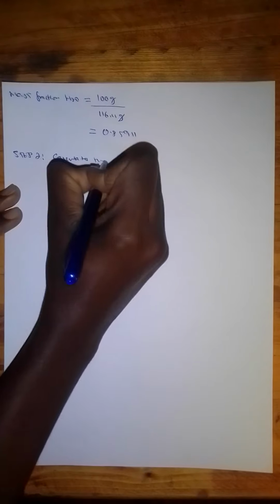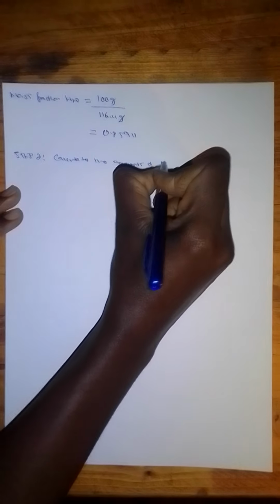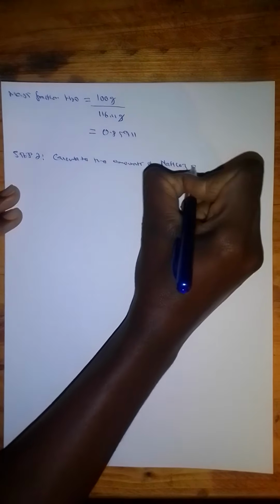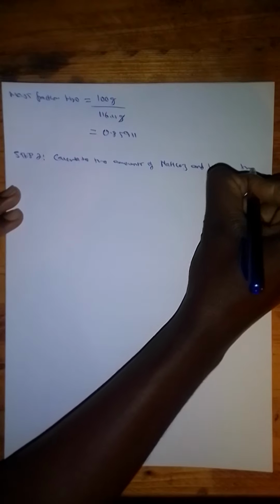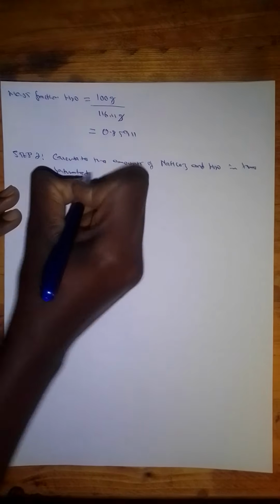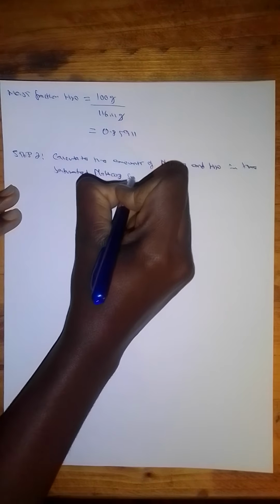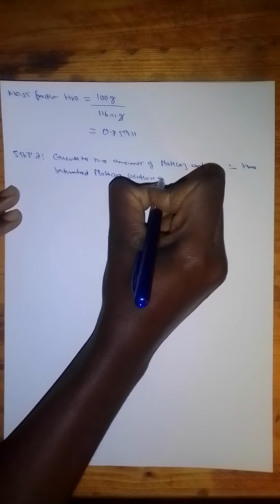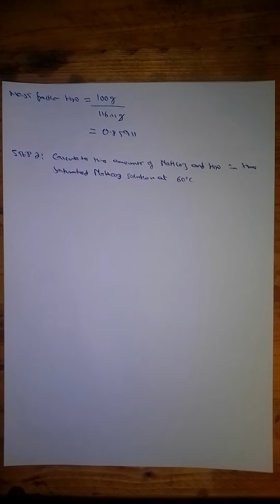So our step 2 is to calculate the amounts of NaHCO3 and H2O in the saturated NaHCO3 solution at 60 degrees Celsius.